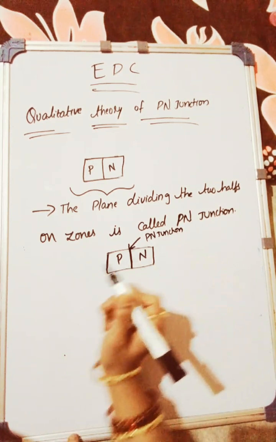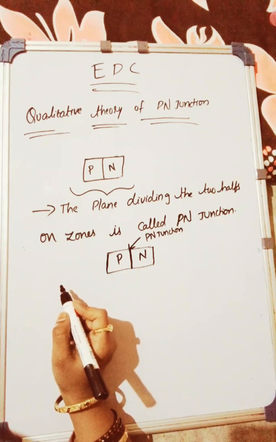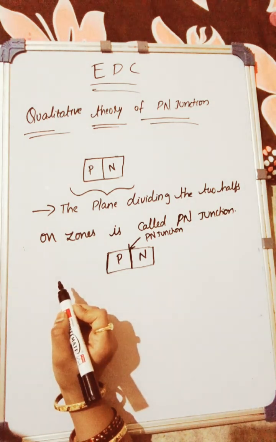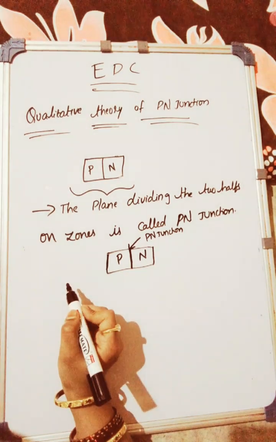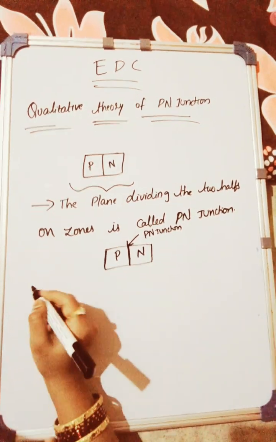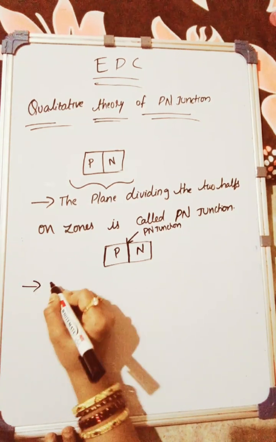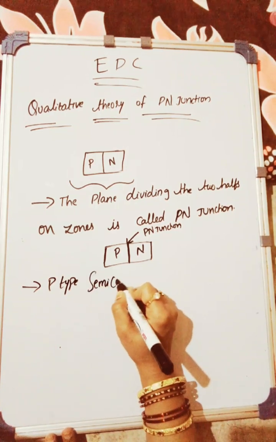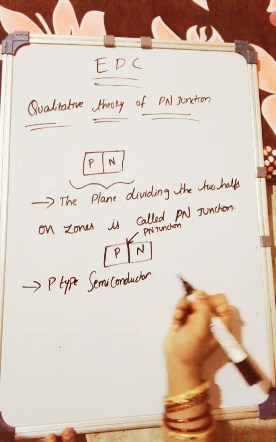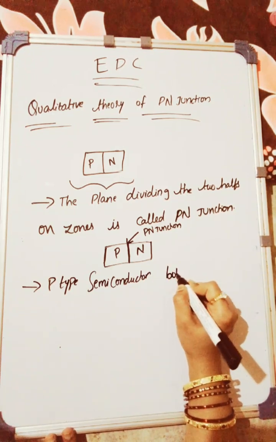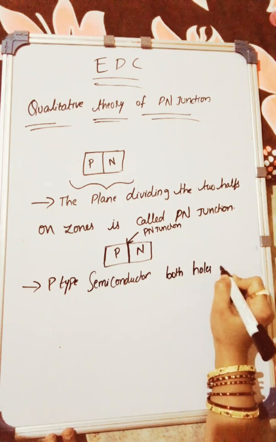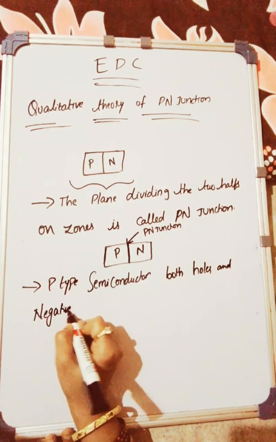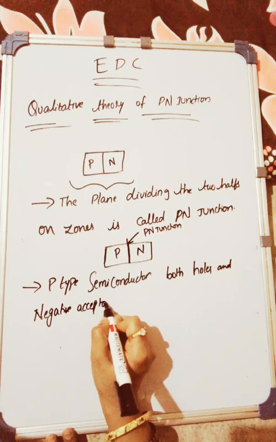The p-type semiconductor consists of both holes and negative acceptor ions.